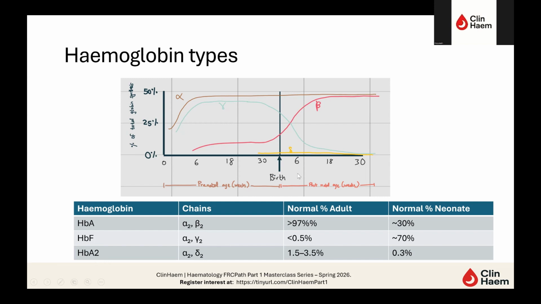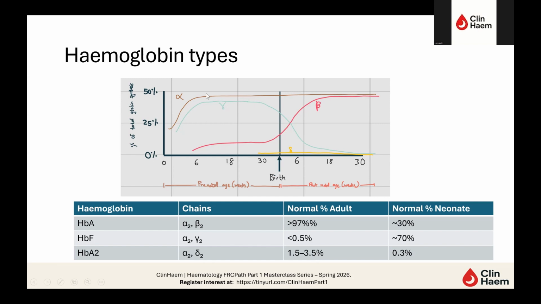And HbA2, so as I said, there are delta chains which are present in very small amounts. So some of these alpha chains would bind with delta to make HbA2, but the percentage would be, and this is very important to remember, up to 3.5%.